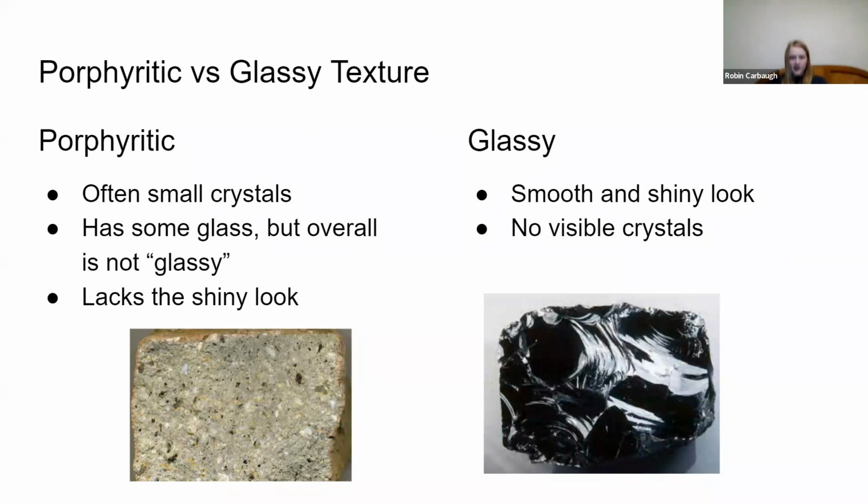Porphyritic textures often have small crystals that we can see, but it gets a little confusing because it does have some glass in it. But overall, I wouldn't call it glassy because we still have crystals, and it lacks that shiny look compared to what a glassy texture would have, which is all smooth and shiny with no visible individual crystals.